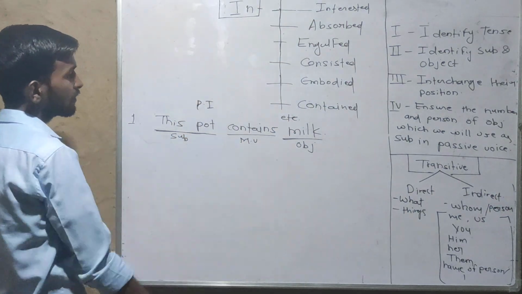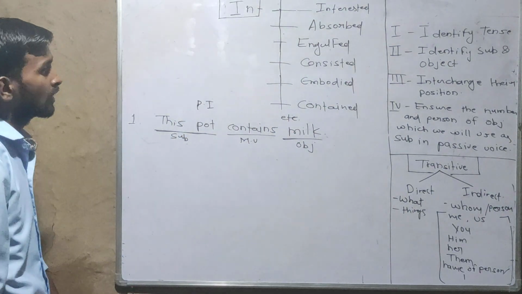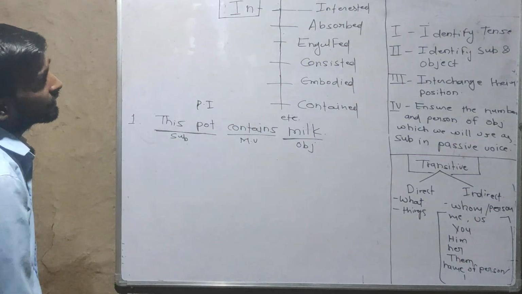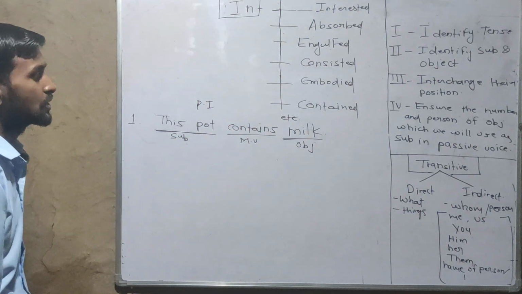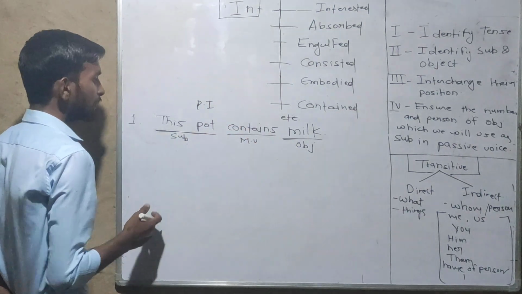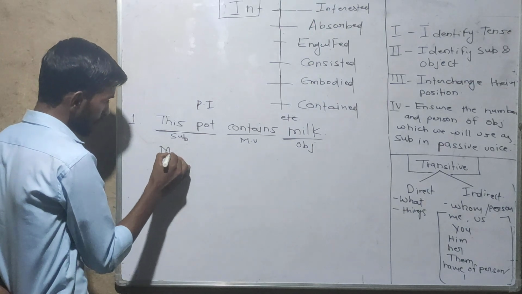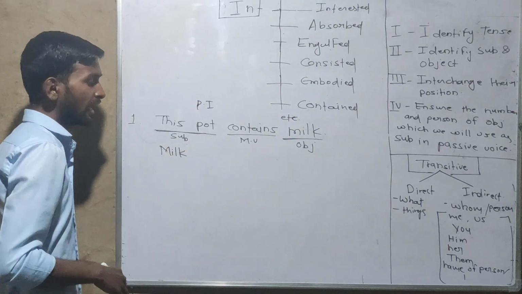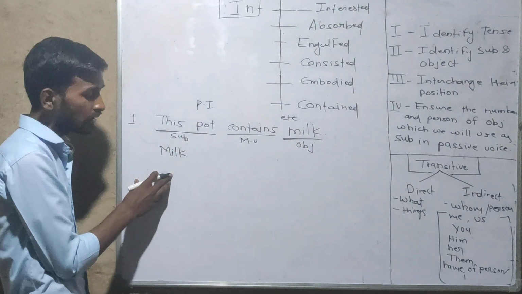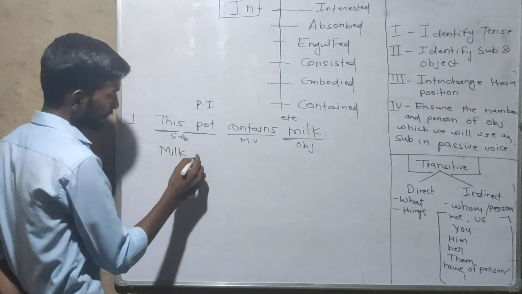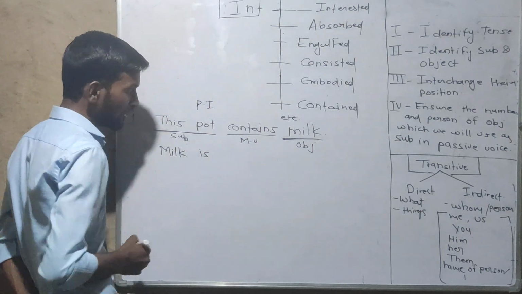In step three we interchange their positions. So milk will come in place of the subject. We ensure whether milk is singular or plural. Milk is singular, so we write milk is.